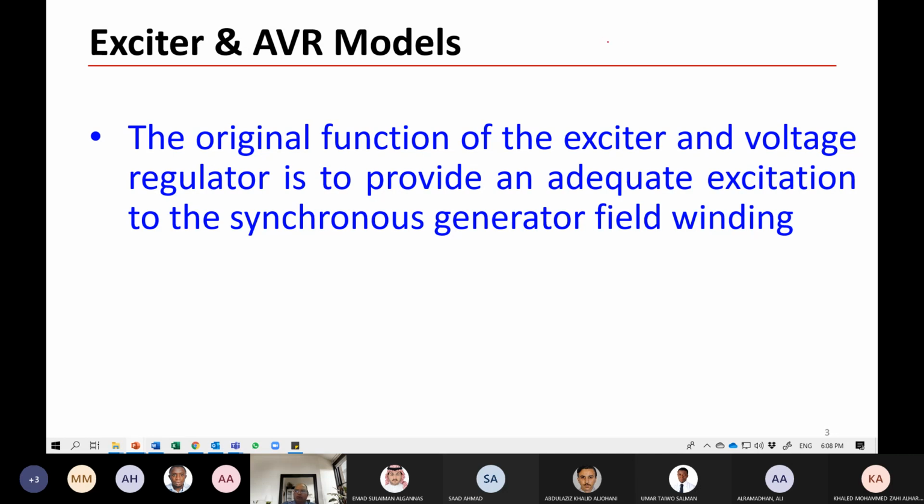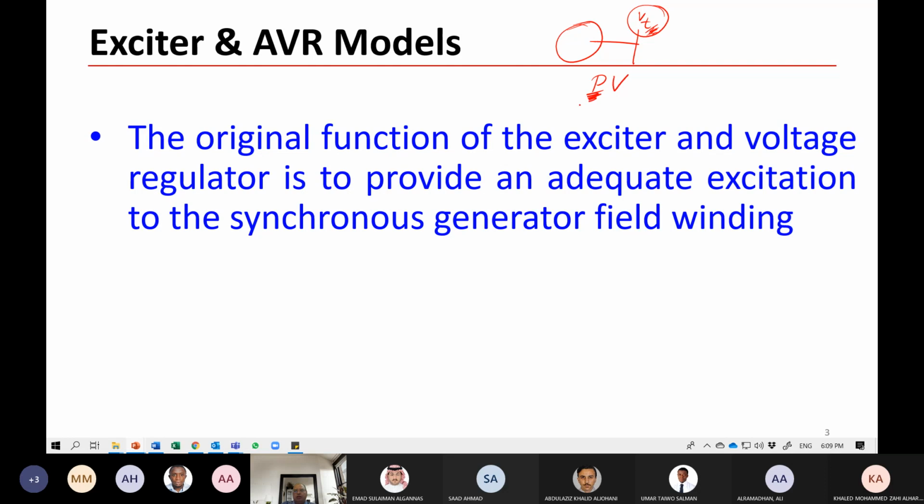Usually, the function of the exciter is, you have here the terminal voltage, and we need to control the terminal voltage. Usually in power flow studies, when we have a generator, we call it a PV bus.